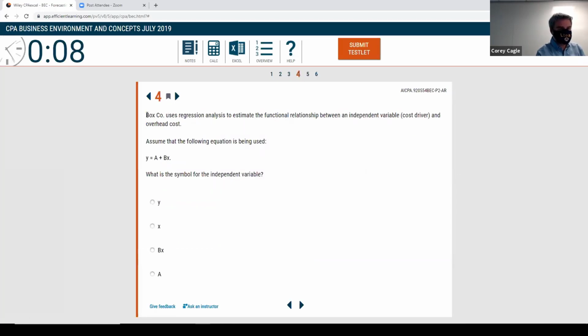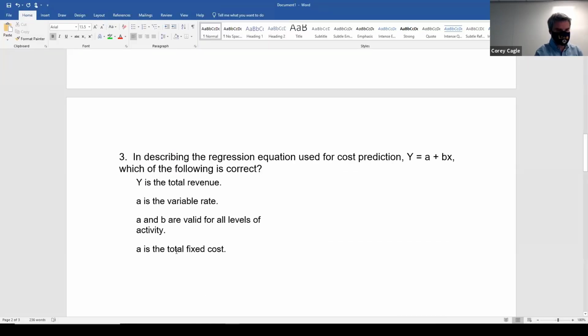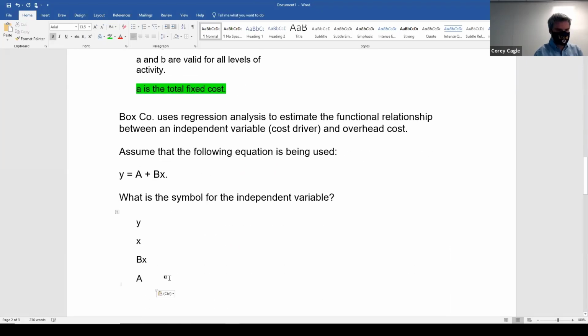Same again. Which of these is the independent variable? We've done this from other sections. So number 4, the independent variable is. So yeah, y equals mx plus b. Sorry about that.